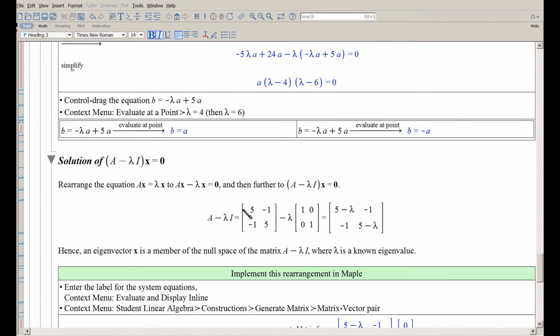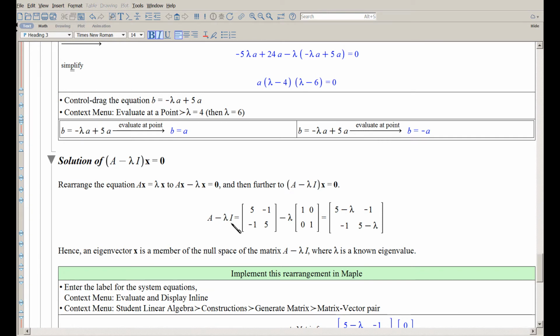a typical textbook will write this equation, Ax equals lambda x, as Ax minus lambda x equals 0, and then factor the x out, and this A minus lambda I then becomes a source of great mystery. So let's take a look at what that looks like.